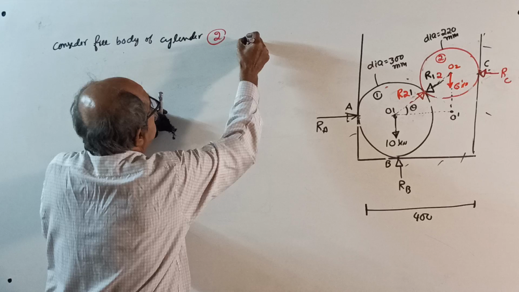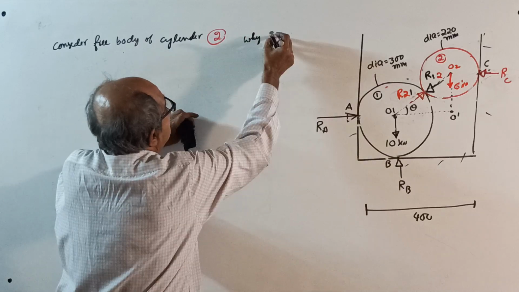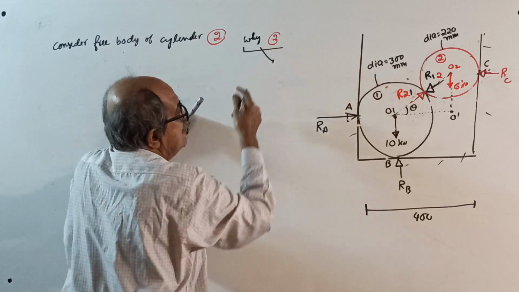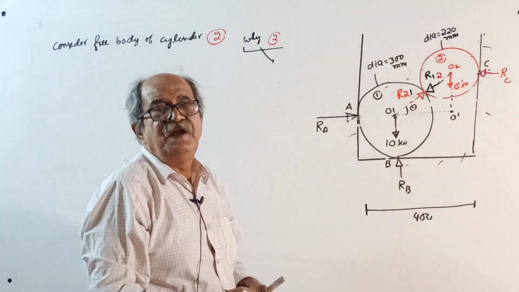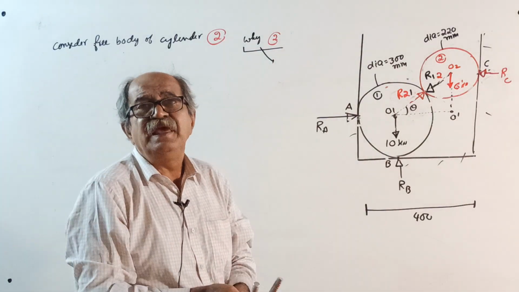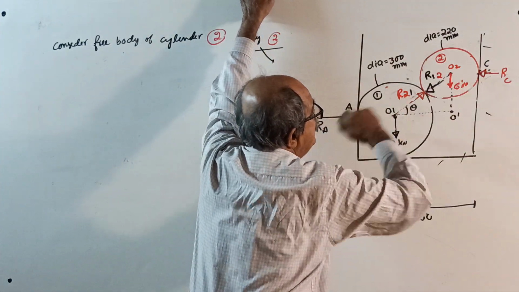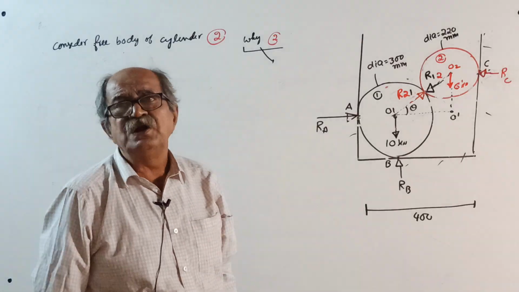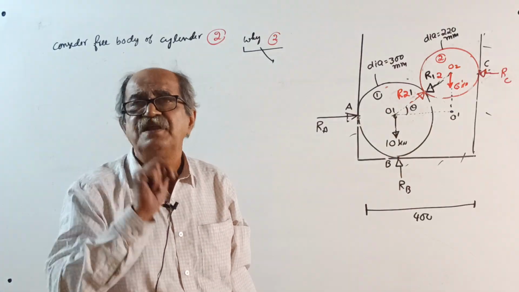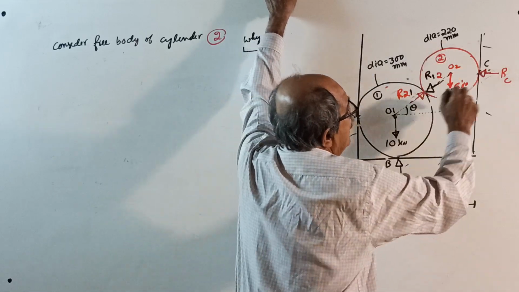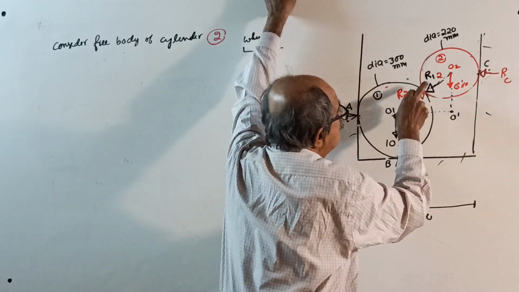Why cylinder 2? I will dictate once again, you write. If I consider cylinder 1, there are 3 reactions for it: RA, RB and R12. 3 reactions you can't solve. Only 2 conditions are there. But if you consider cylinder 2, only 2 reactions, RC and R21.